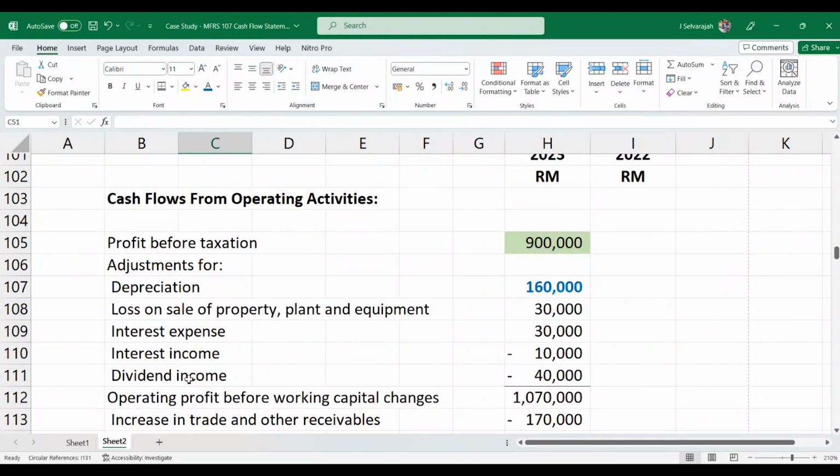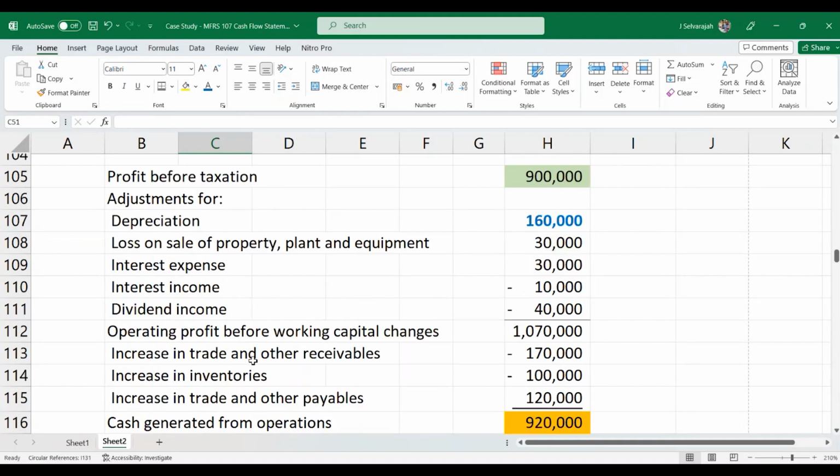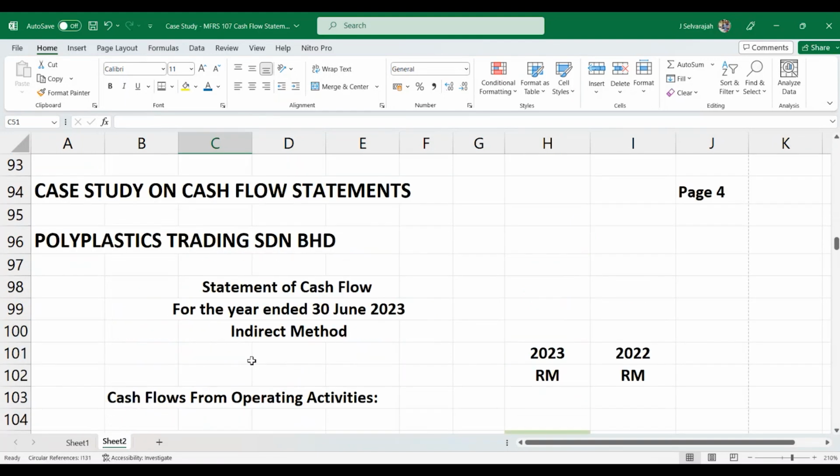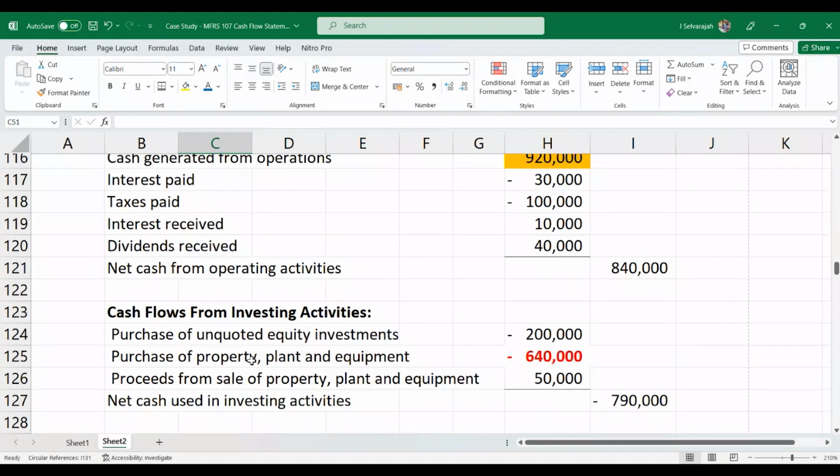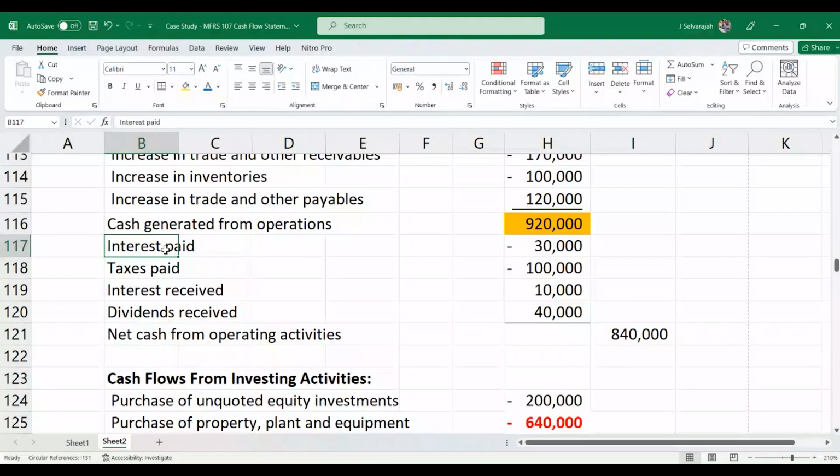Finance cost adjusted from the net profit before tax is supposed to be equal to the interest paid next to tax paid. Where's tax paid? The tax paid is 100,000. Interest paid is 30,000. This is the interest paid and this is the tax paid.